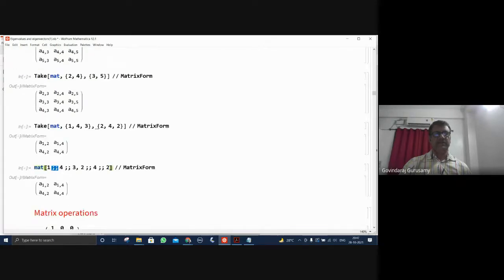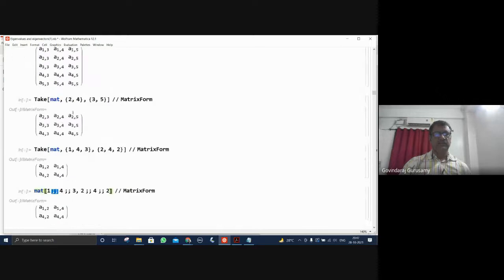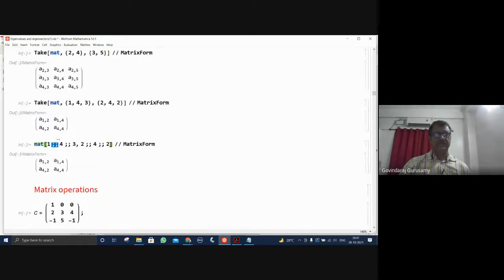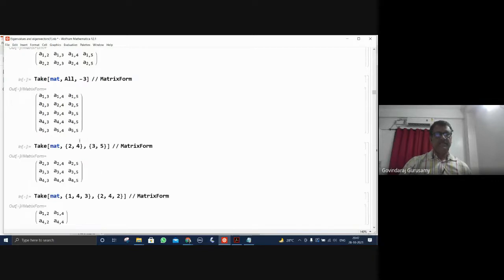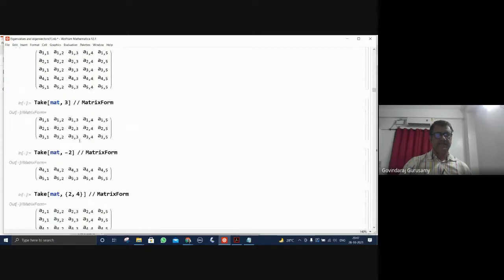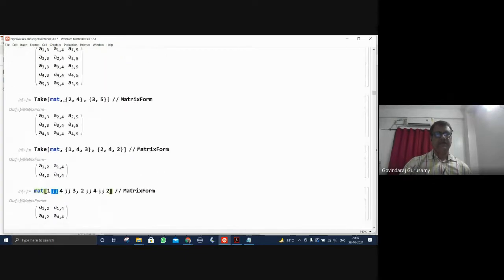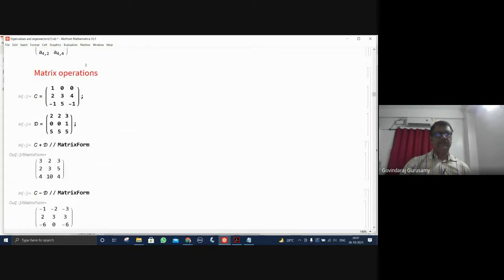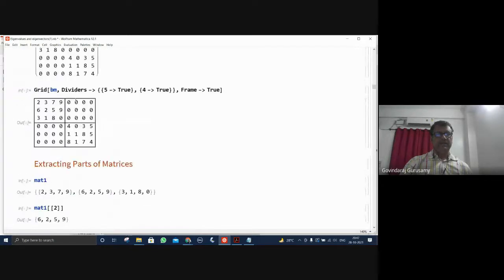So all the possibilities that are given, you can just practice them, and if necessary, they can be used when you do the computations, where you wanted to select the elements in this matrix the way you like it. Starting from here, there are several ways that are given to select the elements in the matrix.